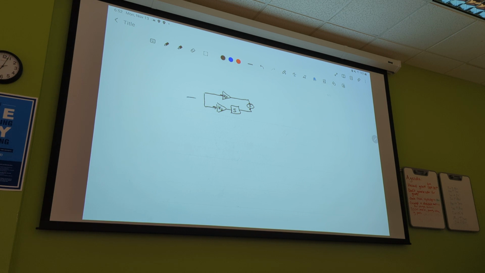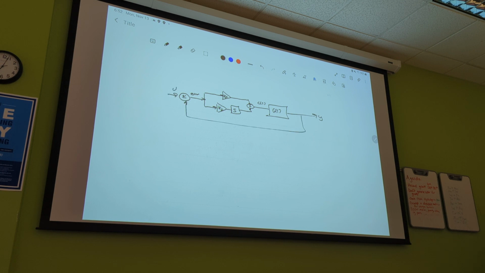These come from the same node, which is the error. So here's your error, and then this is the controller output, which then goes to your plant. You get your output Y. This comes back here and there's your U.